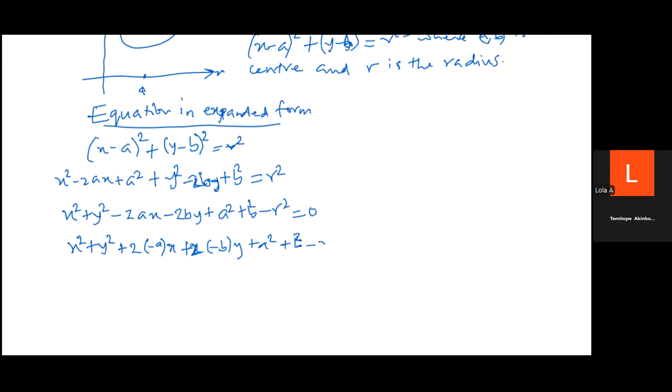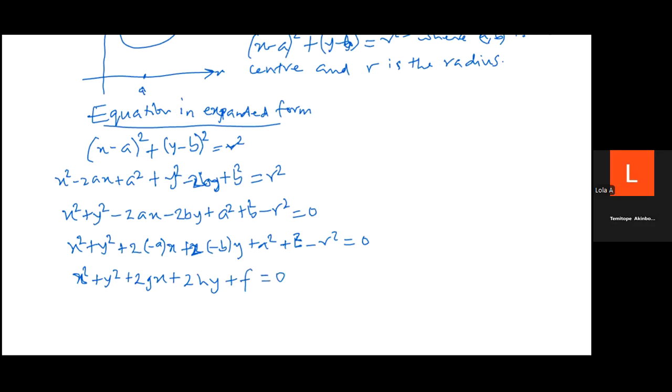So I will now say that x squared plus y squared plus 2gx plus 2hy plus f equals 0.